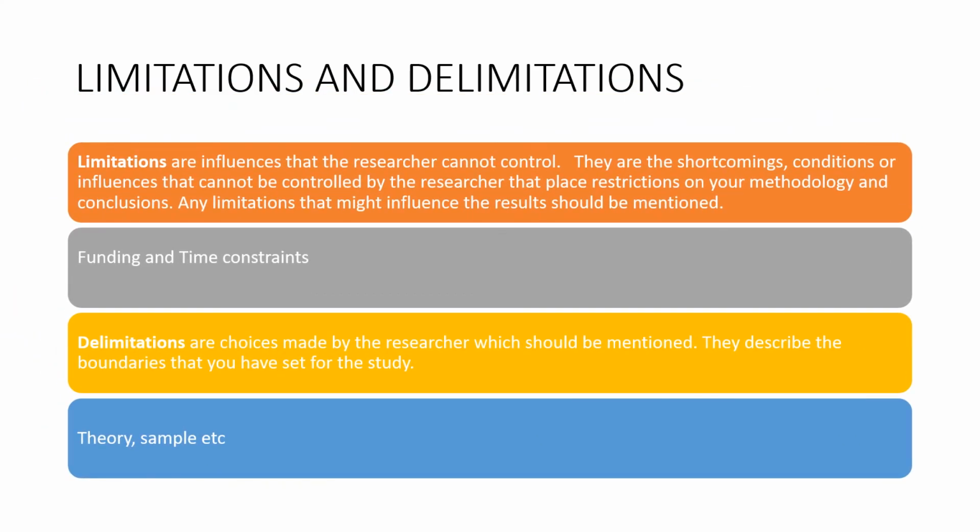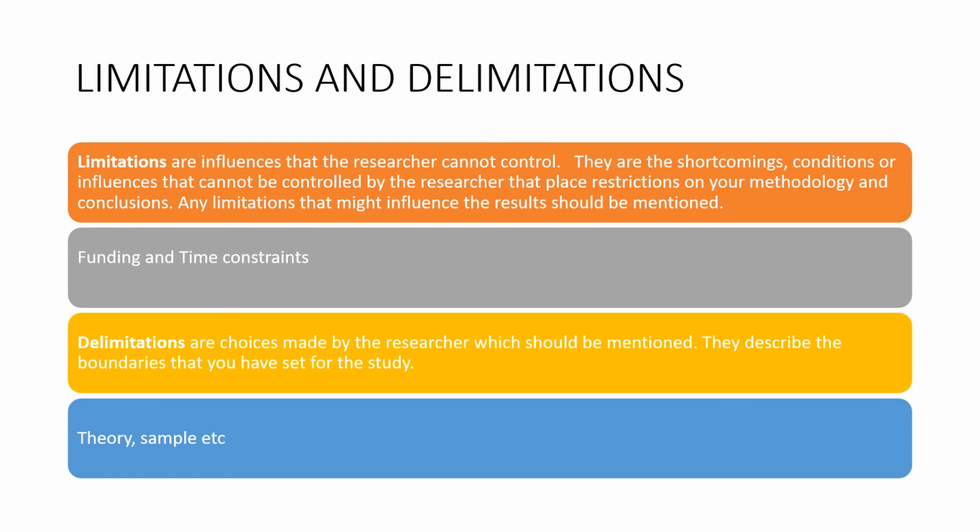In your introduction section, you may also include certain limitations and delimitations. Limitations are the influences that the researcher cannot control. They are the shortcomings, conditions, or influences that cannot be controlled by the researcher, that place restrictions on your methodology and conclusions.